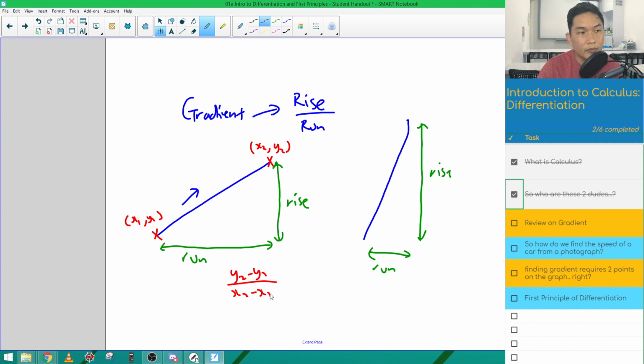What is y2 minus y1? That is the rise, isn't it? Because when you take y2 and minus y1, you're finding the change in height. And if you take x2 minus x1, you're finding the change in the horizontal distance. So this is essentially just rise over run. So that was a very, very quick one.